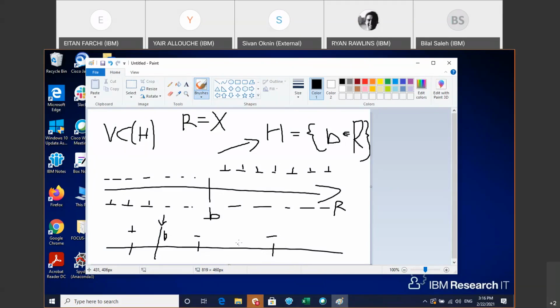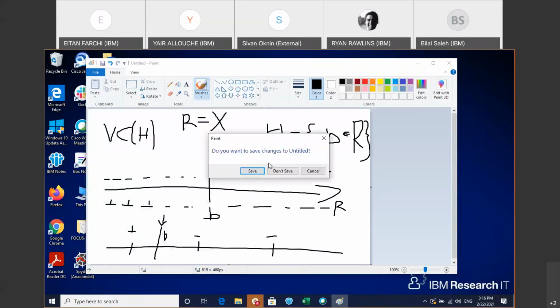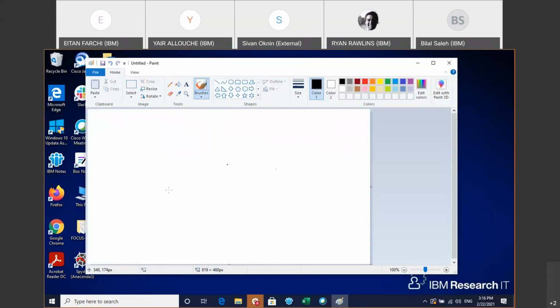Now, let's try another one. Here we have, again, 3 points. And now the labeling is like this: minus, plus, and minus.